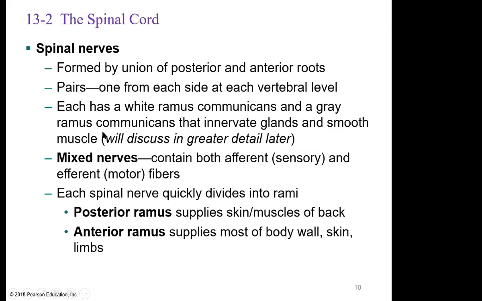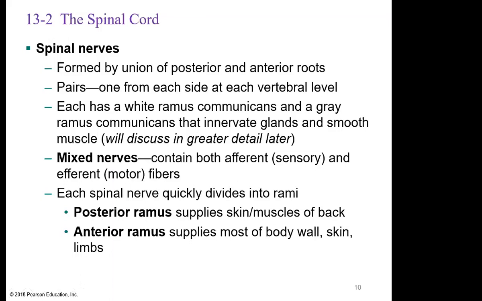So right now I just want you guys to kind of learn the spinal cord itself. Remember, we call it all mixed. All the spinal nerves are mixed because they contain both the afferent and the efferent motor fibers, and then they will go on to divide into the posterior and anterior ramus. Which of those is going to create plexuses? Anterior.